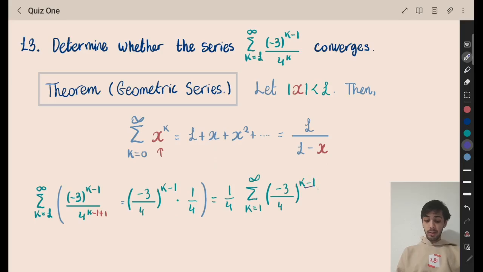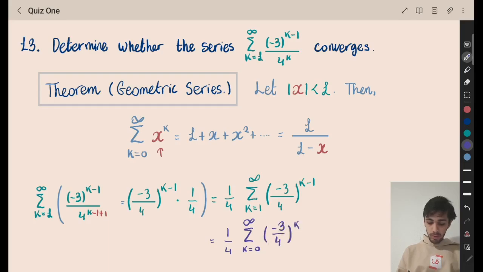And since the index is starting from 1 and we have k minus 1 and it's an infinite sum, so the indices run over all of the numbers, then it should be okay if I write this as 1/4 of the sum from k is equal to 0 to infinity of minus 3 over 4 to the k.